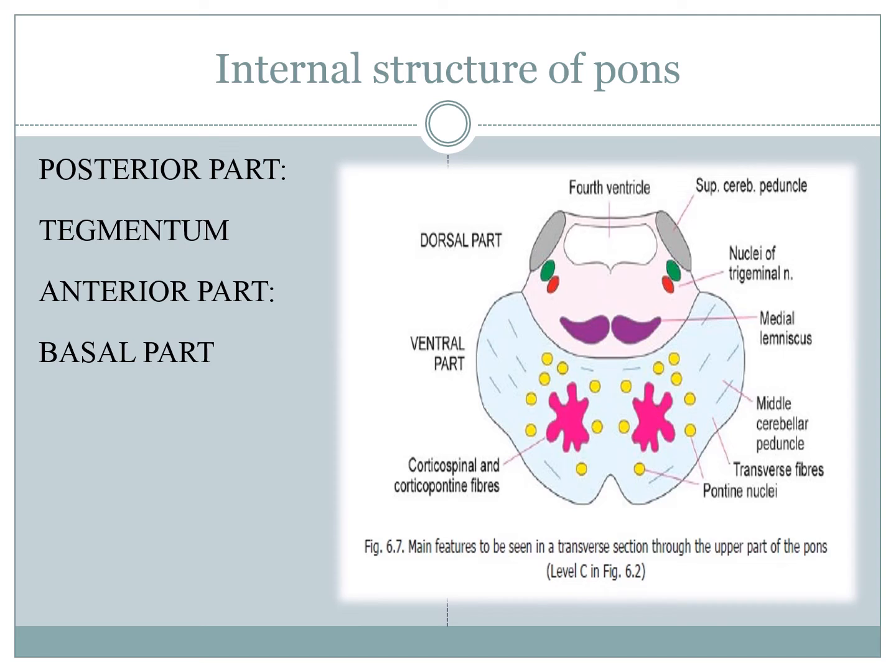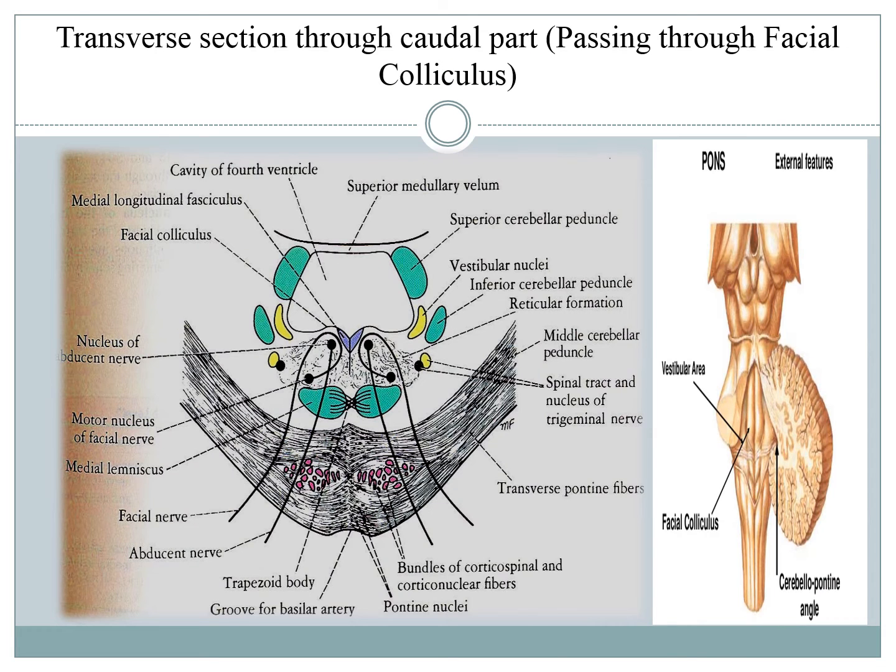Now the internal structure of the pons. For our convenience, we divide the internal structure in cross section into two parts: the posterior part of the pons, which is called the tegmentum, and the anterior part, which is called the basilar part. We will discuss two transverse sections of the pons.